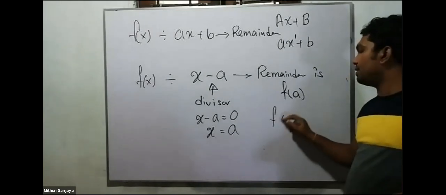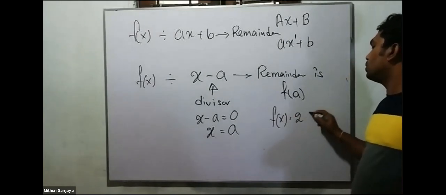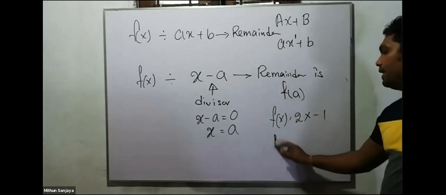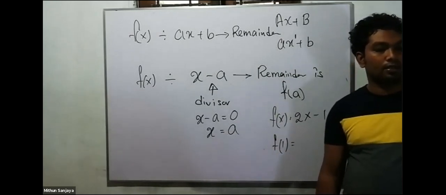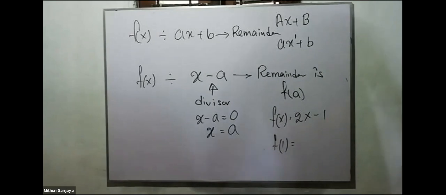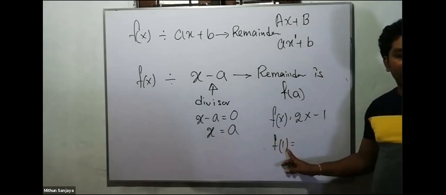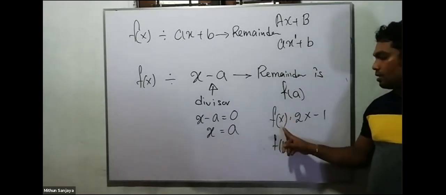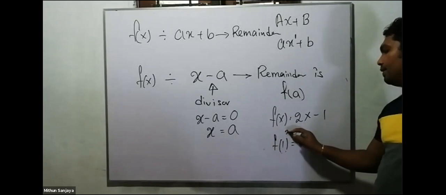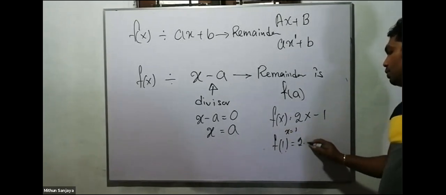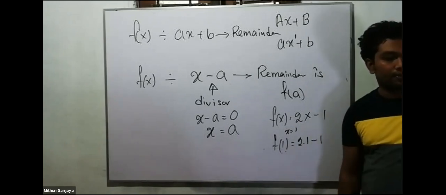Suppose f(x) is 2x minus 1. What is the meaning of f(1)? Substitute x equal 1 into this function: 2 times 1 minus 1 is f(1).